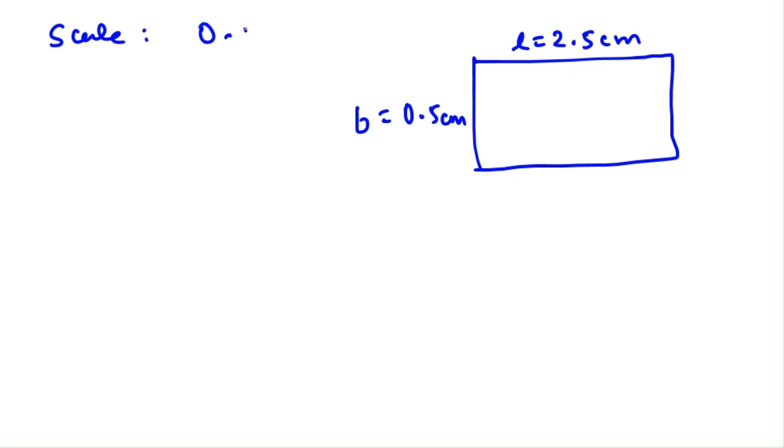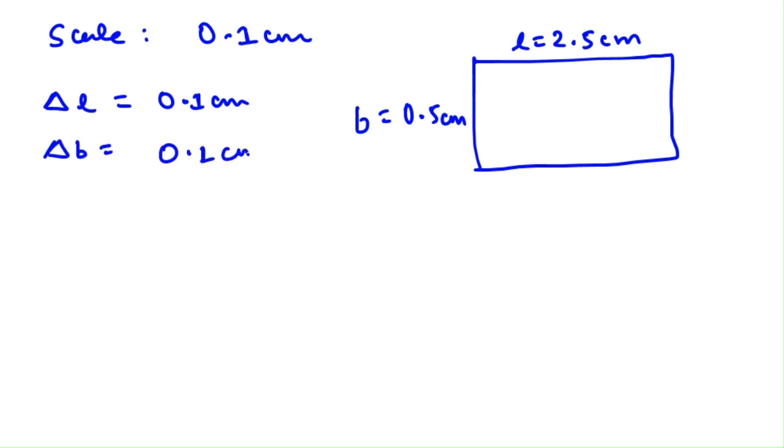Okay, at the end, let's take a numerical example. Let's take, we have measured length and breadth of a rectangle. Length is 2.5 centimeter and breadth is 0.5 centimeter, let's say. And we have used a scale having least count 0.1 centimeter. So absolute error in the length will be 0.1 centimeter, and we have used the same scale for breadth. So absolute error in breadth will be 0.1 centimeter.